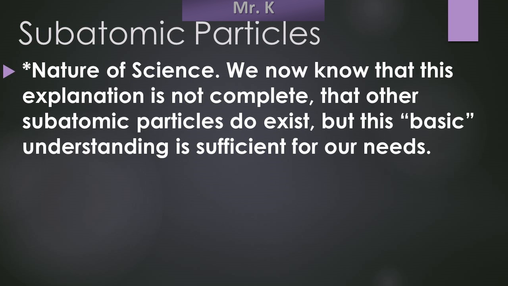We're even going to use models that are less accurate because they help us explain basic concepts. So models that are found to be not exactly 100% true are still important if they can help explain other things. If they can help explain more complicated processes, for example, bonding, even though they may not be 100% accurate. That's a nature of science question or concept.